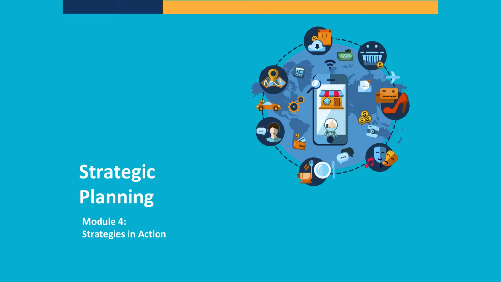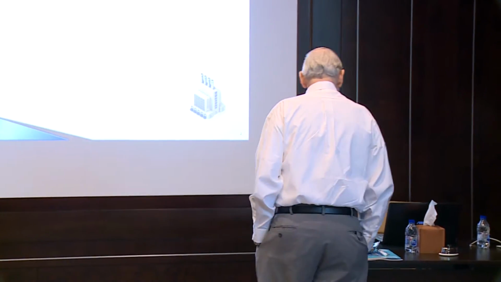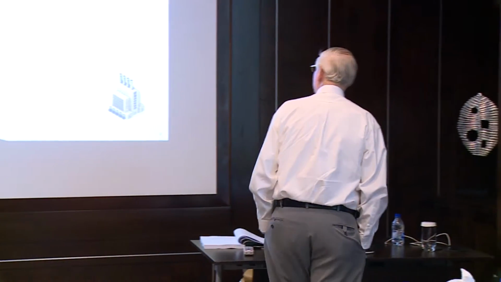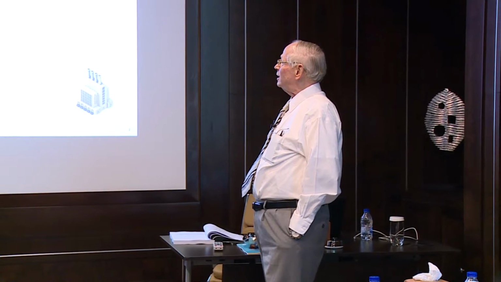So we're going to look at strategies in action. First of all, we're going to look at corporate level strategy and scope. Corporate level strategy is about how and where a company as a whole competes. We mentioned this yesterday, like General Electric. At the corporate level, they decide what products will be developed, what type of products they're going to compete in, and so on and so forth.